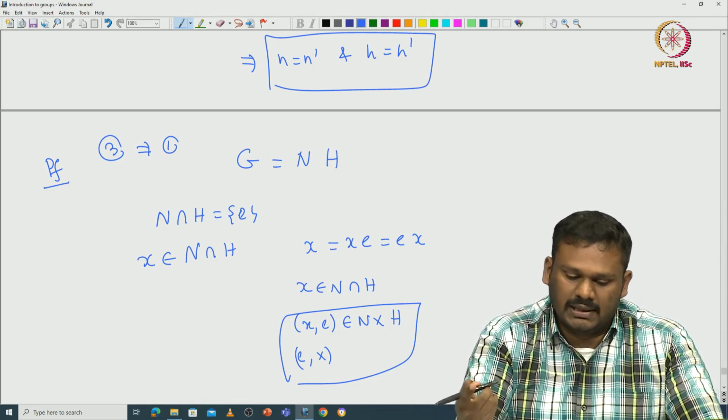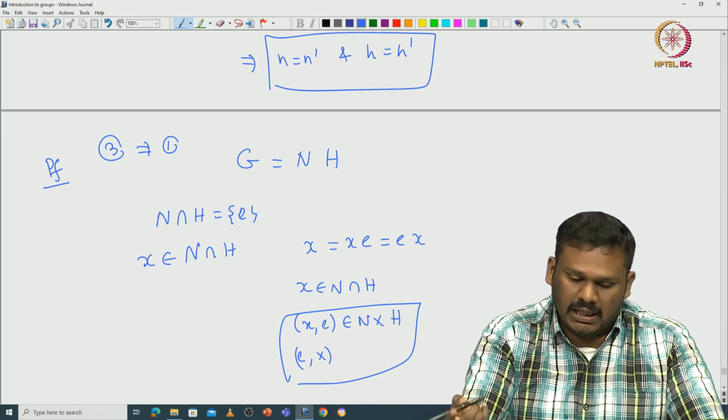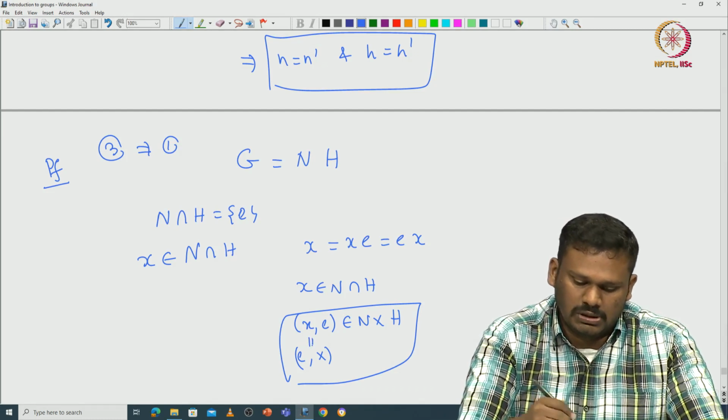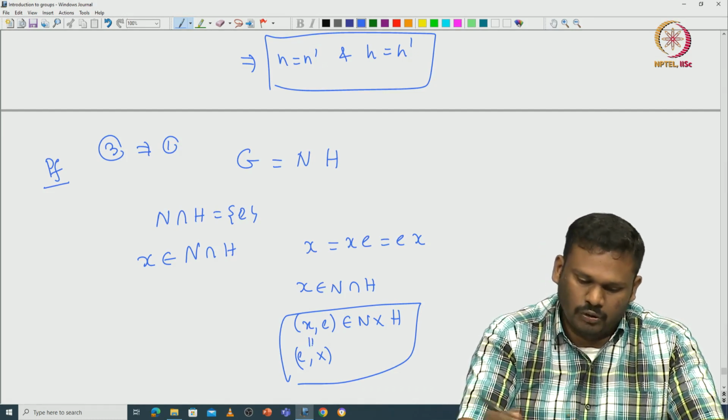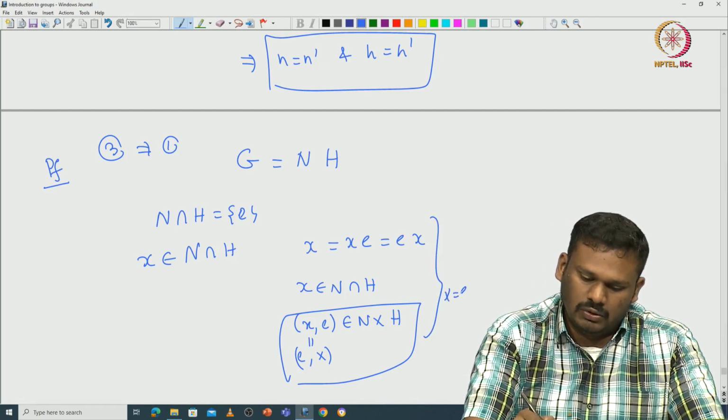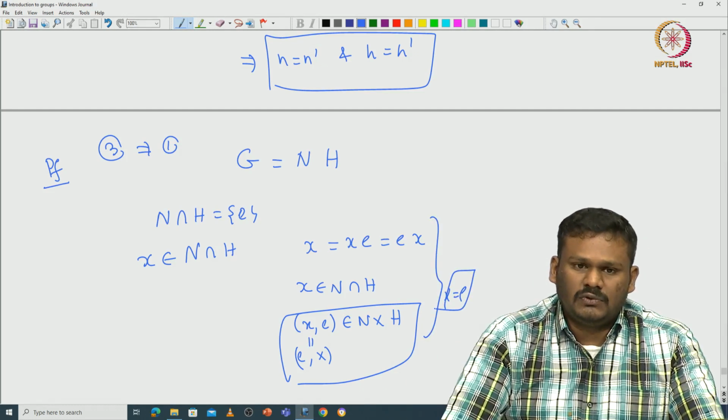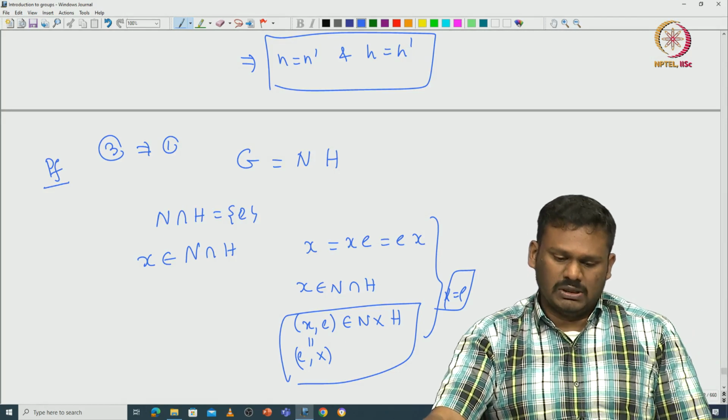But you know that there exists only one tuple such that this can happen. That means these two tuples must be equal. That forces x equal to identity. So that means 3 implies 1.